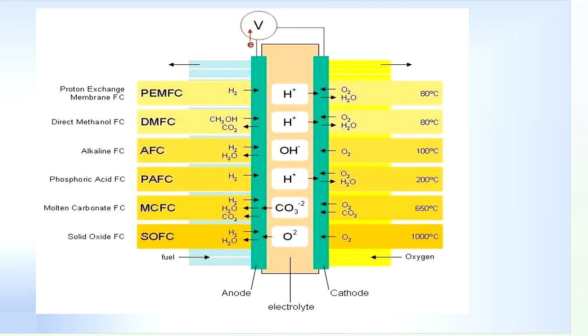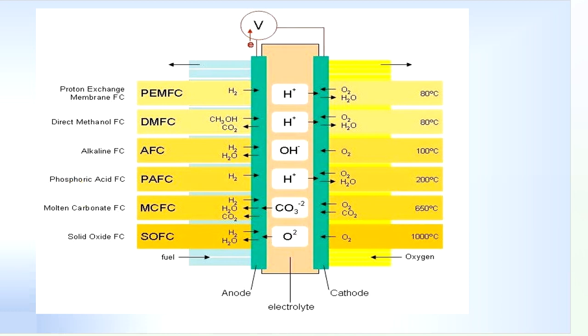You can see here, even the direct methanol fuel cell is operating at 80 degrees centigrade, and it is taking methanol as input at anode, not hydrogen, and it is giving out CO2 as well as H2O, and oxygen is also common at cathode. You see oxygen is common for all the fuel cells, right. Then we have the alkaline fuel cell, where hydroxide ions travel from anode to cathode through the electrolyte.